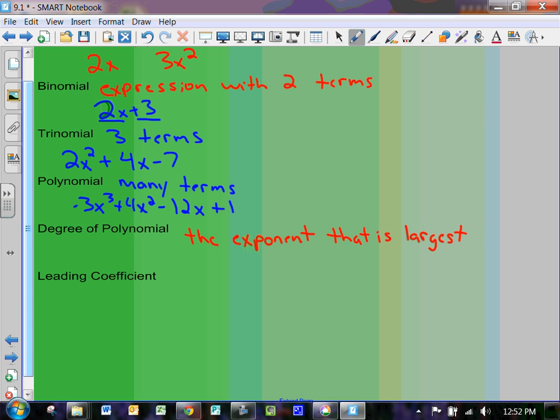That would be a third degree polynomial because the biggest exponent is 3. Another example would be 4x to the fourth minus 5x. That's a fourth degree polynomial because it has a 4 in it. It's the biggest exponent.